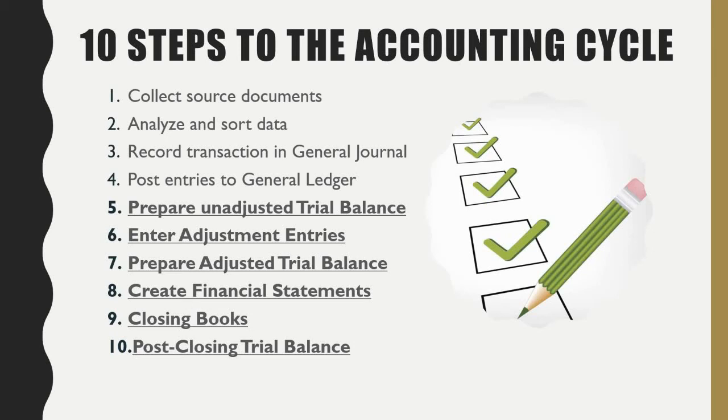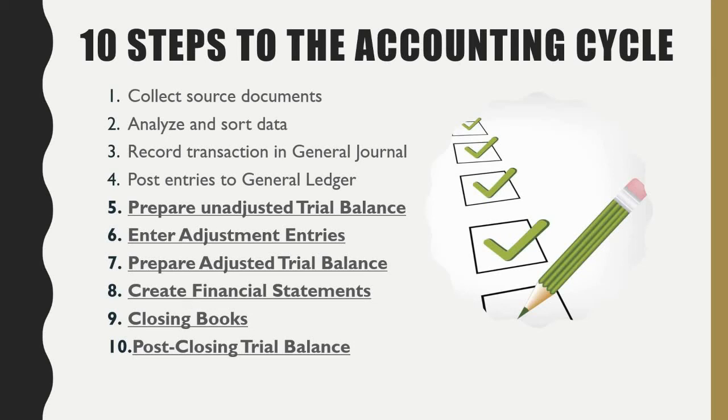Then, right when we reach the end of the given period, which in our case is the end of June, that's where we're going to complete an unadjusted trial balance. Step number 6 is where we're going to actually complete the adjustments.